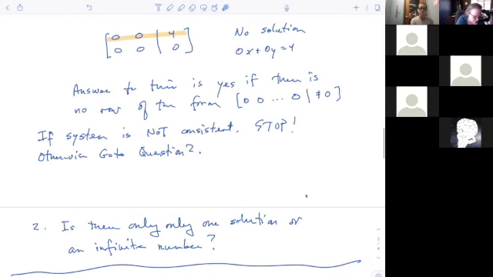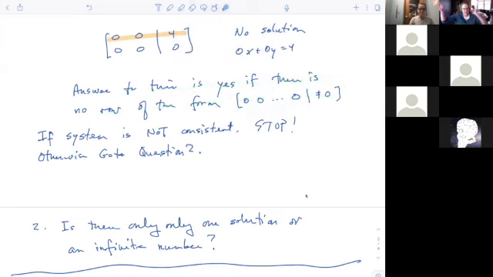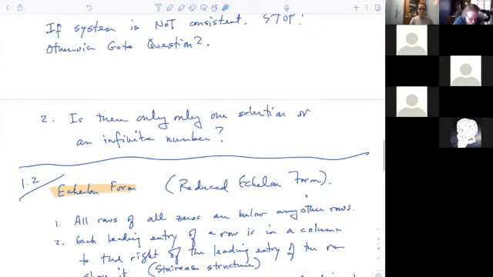Okay, so this is what's important here. The system's consistent if there's no row of this form, where you have all zeros and then in the augmented column something not 0. That's what tells you there's no solution. So we're looking to see, are there any rows that look like this?